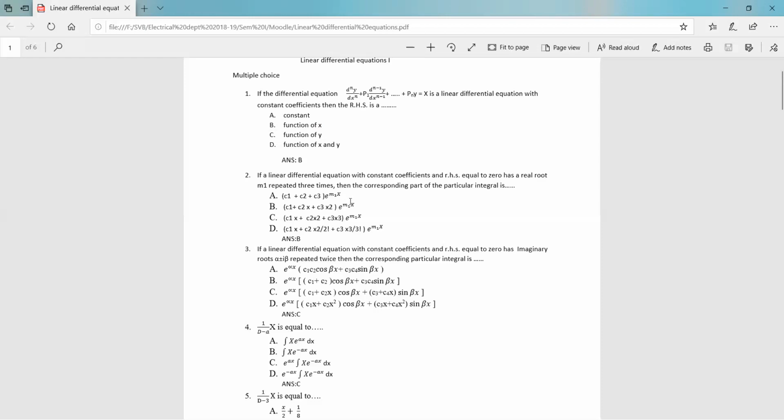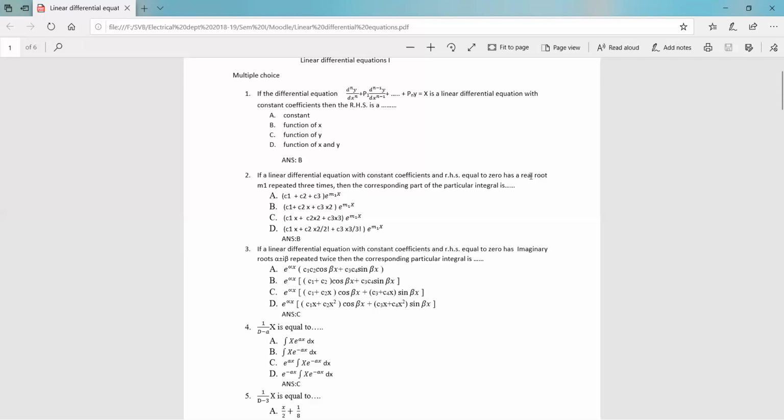See example number 2. If a linear differential equation with constant coefficient and RHS equal to 0 has a real root m1 repeated 3 times, then the corresponding part of the complementary function is. We have seen this case. Which root have we been given?